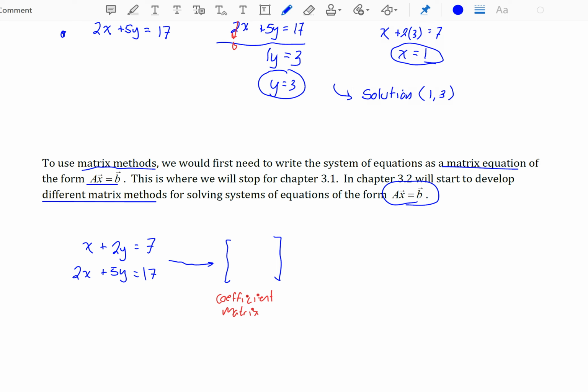And then we'll multiply this times the vector x, and notice this is going to be a column vector. And this is going to have to equal a matrix B. And again, notice the notation. This will also be a column vector.